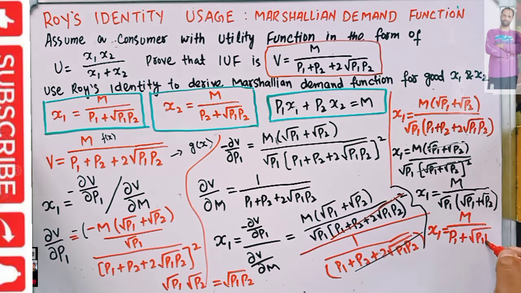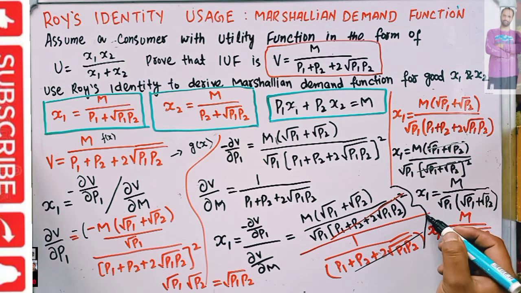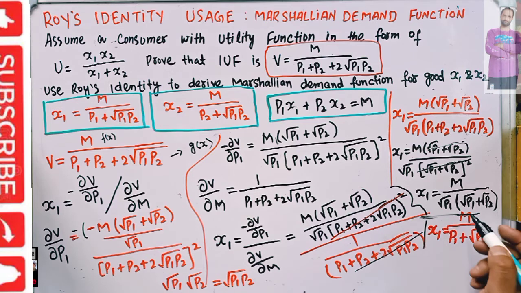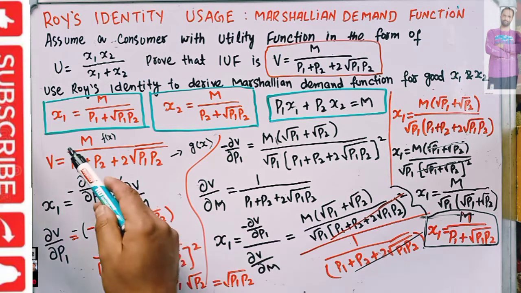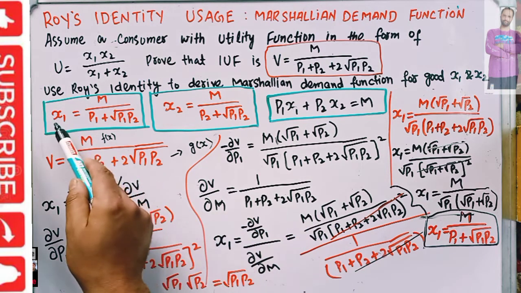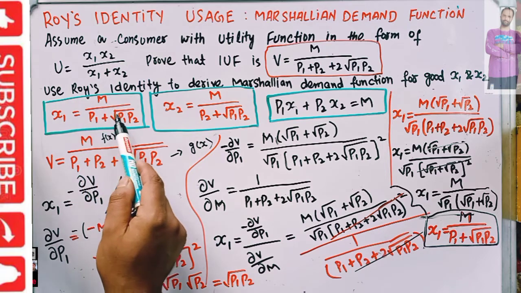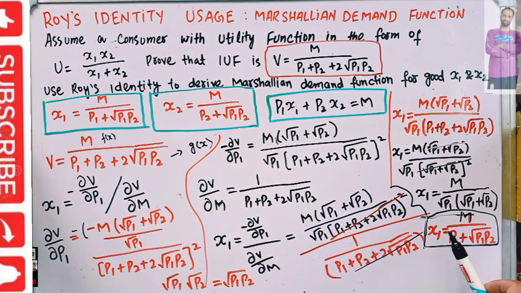So after a long journey, we got the Marshallian demand function for good x1 using the indirect utility function. X1 is equal to m upon p1 plus under root p1 p2. We got the same result, that is x1 is equal to m upon under root p1 plus p2.